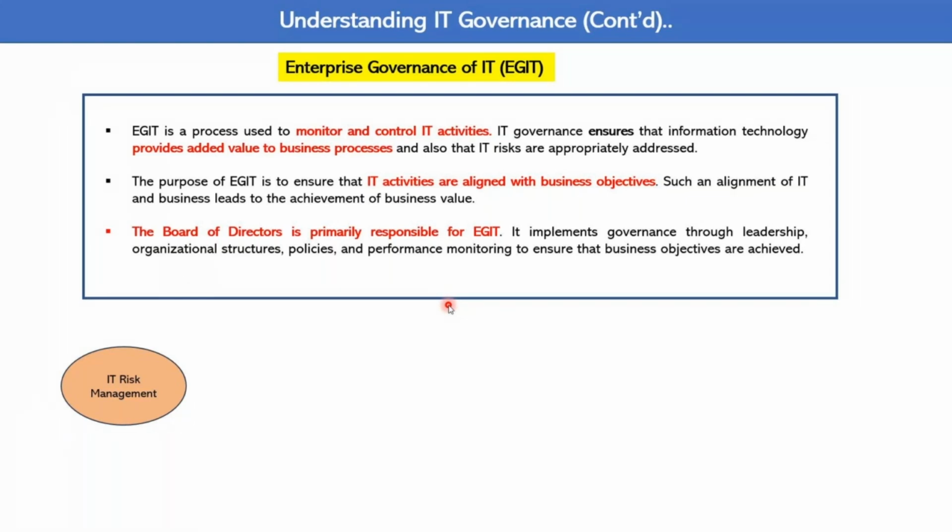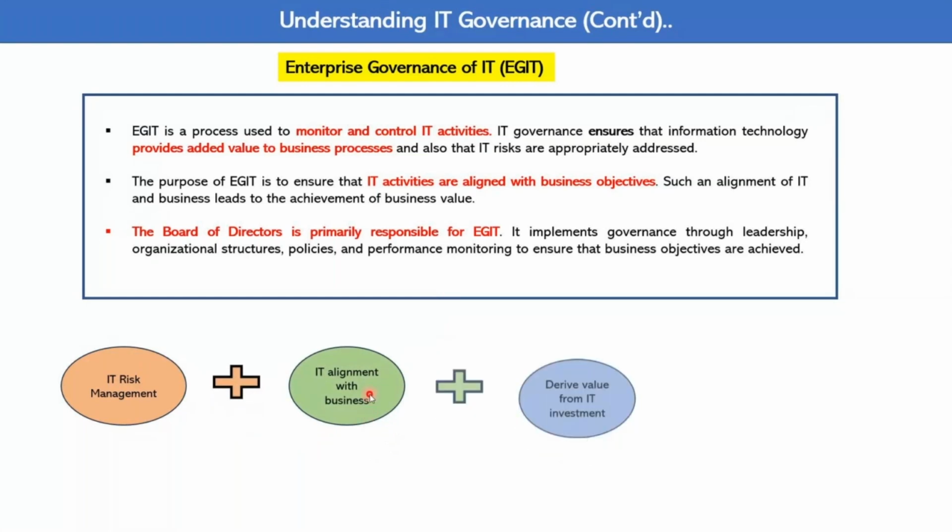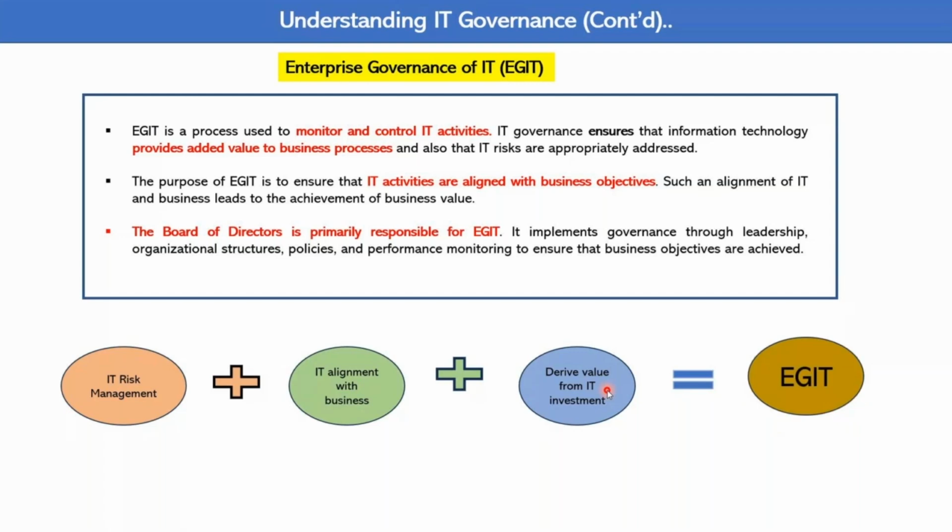Again, the risk can be controlled, but risk cannot be eliminated. So IT risk management plus IT alignment with business plus deriving value from IT investment equals EGIT. It's a very simple way to visualize what EGIT is.